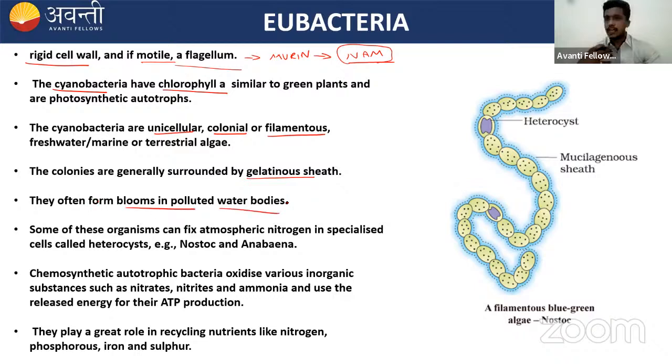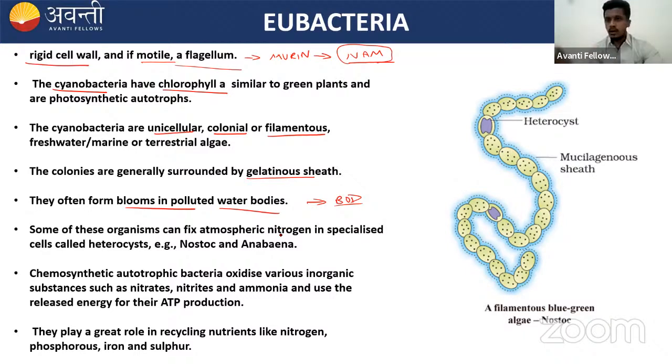Whenever there is a lot of proliferation, they cause something called algal blooms. Algal blooms are responsible for biological oxygen demand, or BOD, in lakes and ponds.